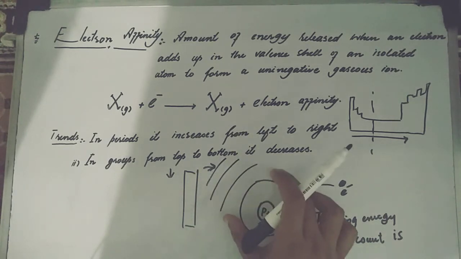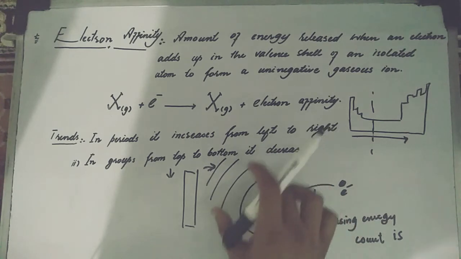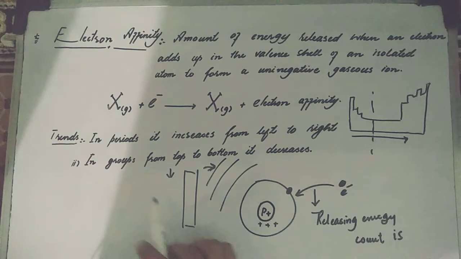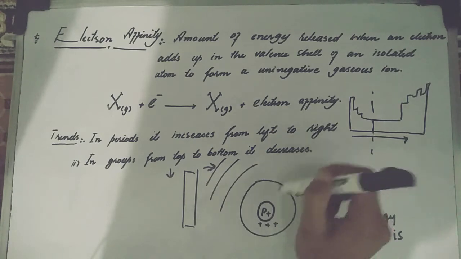That's why they cannot add electrons easily, and that is how you will find that generally in a group, when you move from top to bottom, it decreases.